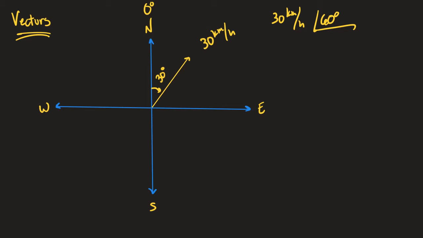So instead, we tend to establish what is 0 and then state our angle by giving direction from 0. In this case, because we're talking about the wind, and we tend to deal with our map, our real environment, I would say that this is 30 degrees east of north.